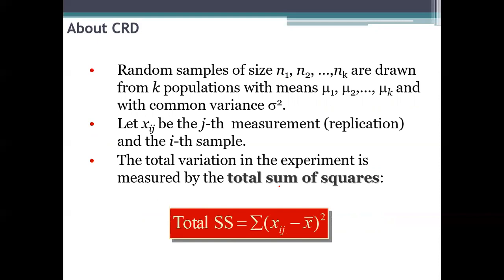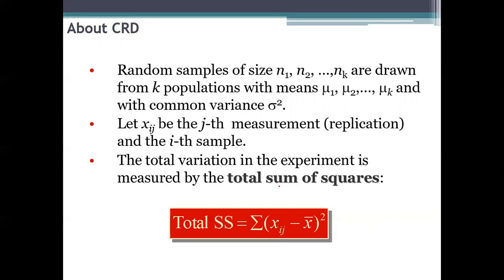Random samples of size n1, n2, until nk are drawn from k populations with means mu1, mu2, until muk and common variance. Here x_ij is the jth measurement, or replication, in the ith sample.